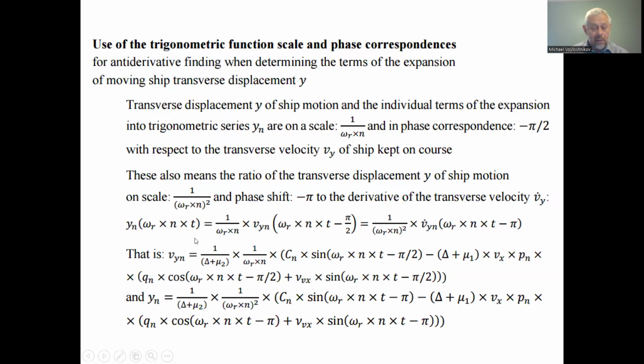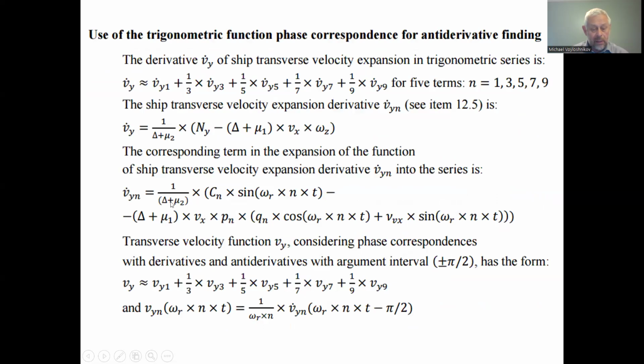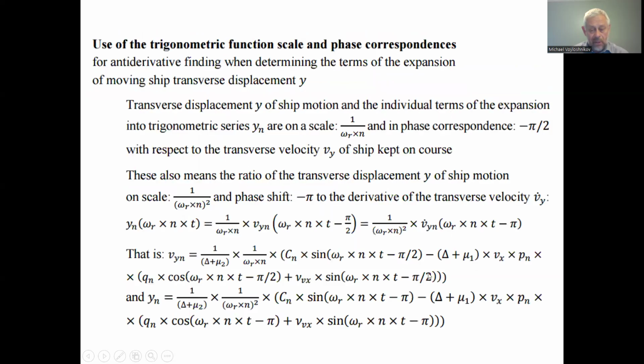And this is the dependence of the term of the expansion of the translational displacement on the term of the translational acceleration transverse, into the expansion of this derivative into the trigonometric Fourier series.